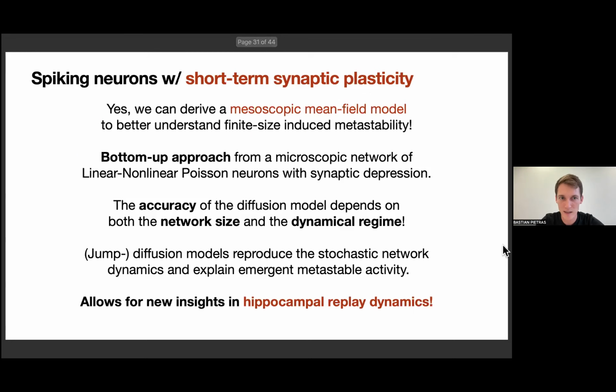It's important that this is a bottom-up approach. And the accuracy of our diffusion model depends both on the network size, but also on the dynamical regime. So when we have this transition between up and down dynamics, it was important that we really focus on the particular realization of our Poisson output.